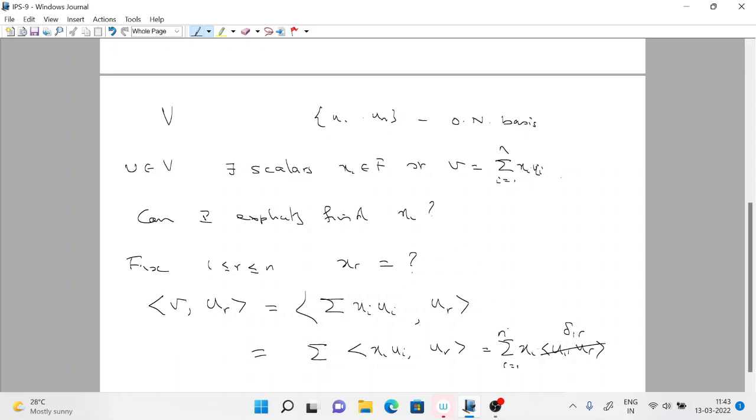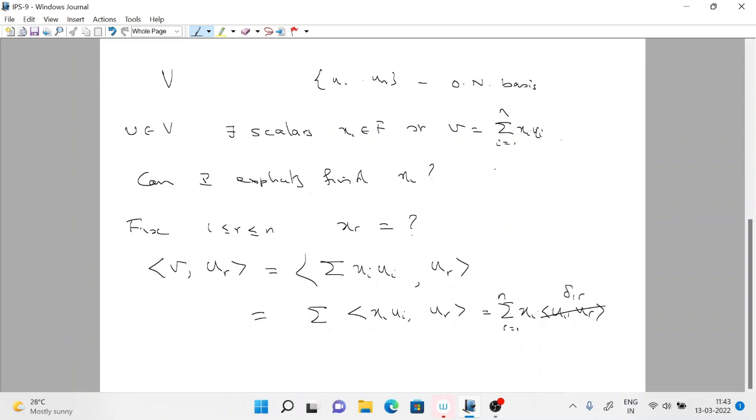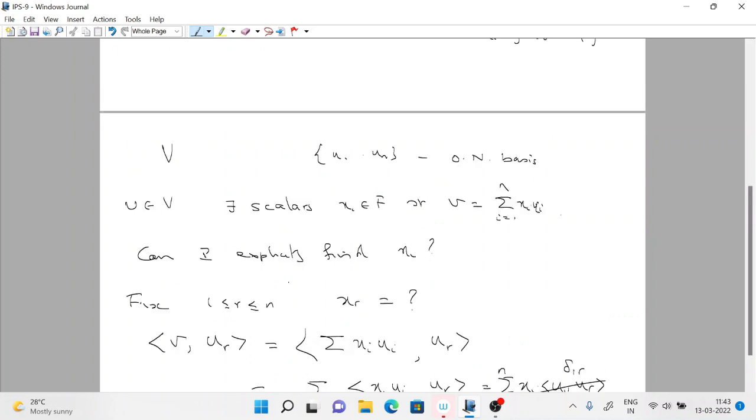Since r is fixed, this is 1 only if i equals r, otherwise it is 0. Therefore this number is nothing other than xr. So what do you think I have found? This is the first use of orthonormal basis.